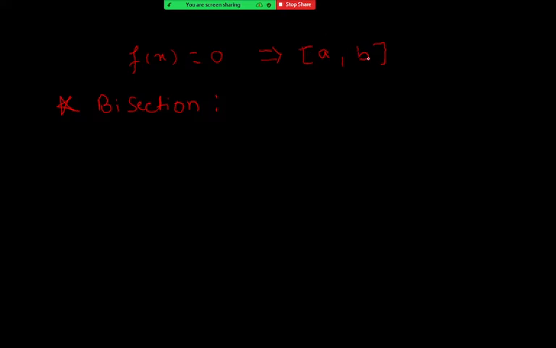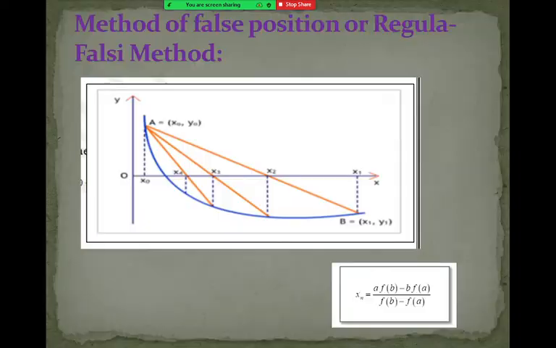So we have to find A and B so that f of A and f of B should have opposite signs. So for this f of x equal to 0, we find the interval AB where f of A into f of B should be less than 0.